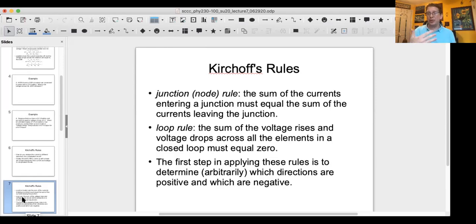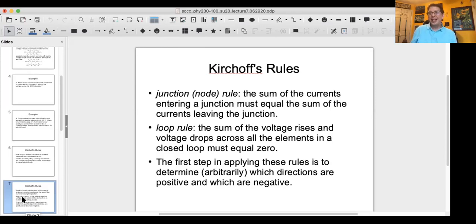With a resistor, if the current arrow and the loop arrow are going in the same direction, I'll show this visually in a second, that counts as a voltage drop. And if the current arrow and the loop arrow are pointing in opposite directions, that counts as a voltage rise.